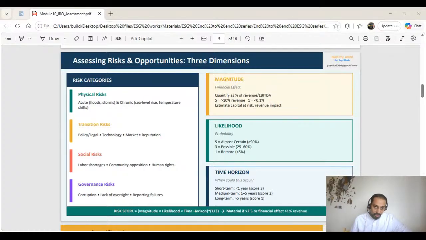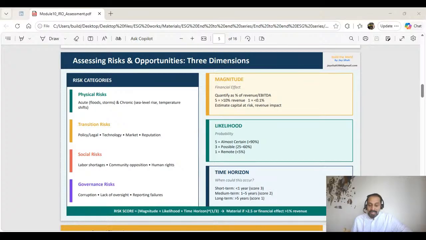What is the potential impact on your revenue, your EBITDA, your asset values, or your cost base? The scoring guidance is: a score of 5 means the financial effect could exceed 10% of your annual revenue or EBITDA, and that is a major potential existing risk or transformative opportunity. A score of 1 means the effect is less than a tenth of a percent, essentially rounding-error territory.